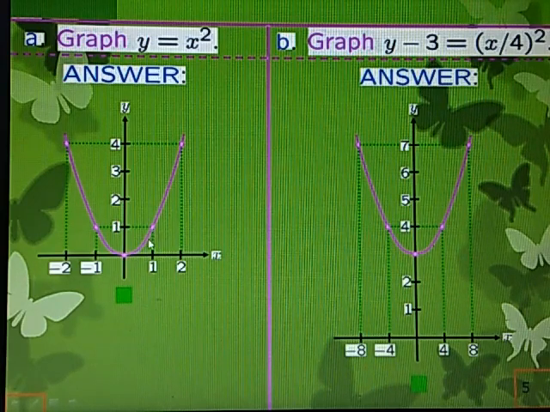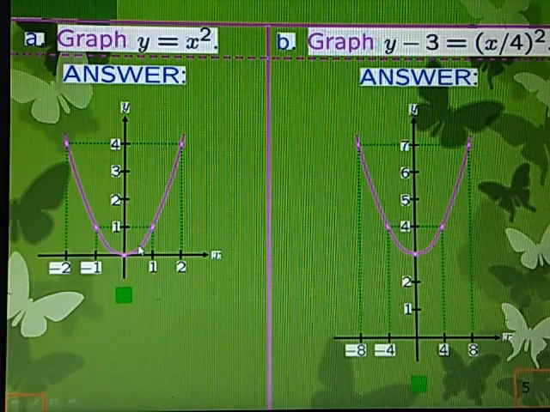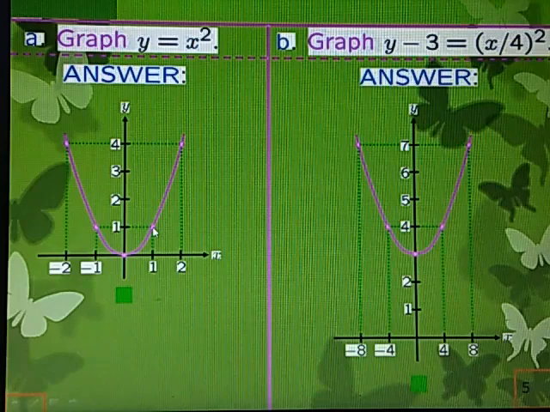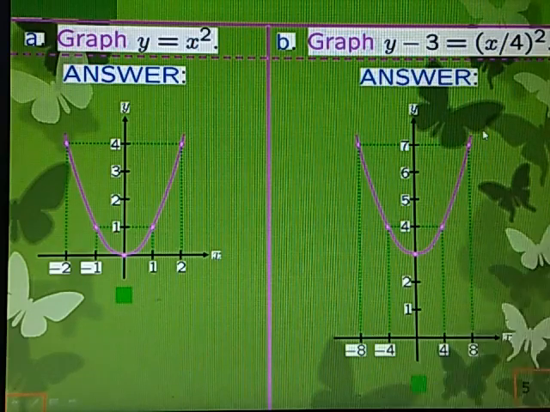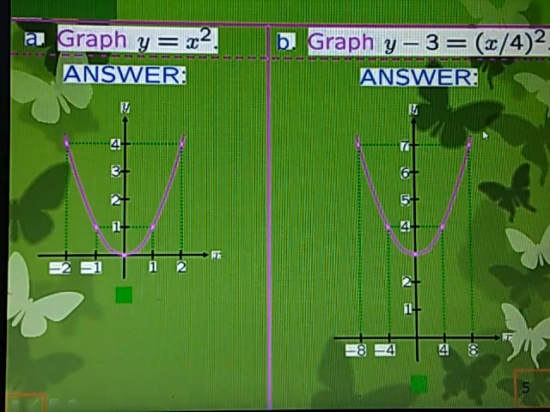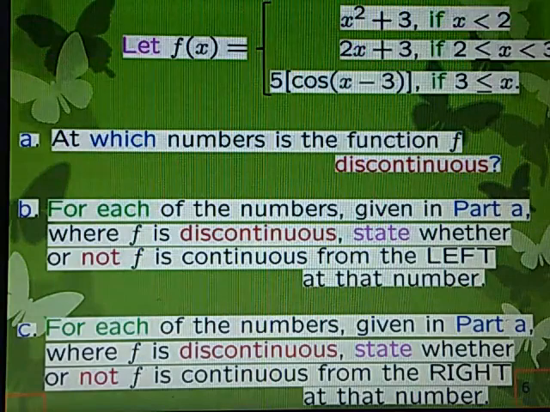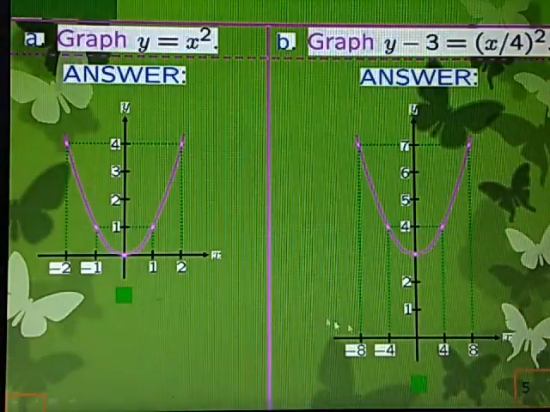Look at this one, the left of 1 and the right of 1. When you are reaching 1 from the left or from the right, it is reaching the same value, which is y equal to 1. So for each point expressed in these two curves, you will see the continuity is not breaking. Now one more thing you can see here, every point which is marked here.